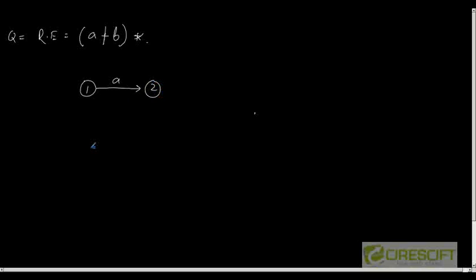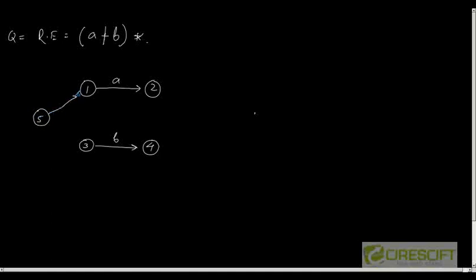Similarly for b, suppose I am in state 3, I take the input symbol b and I reach the final state of that automata, that is 4. Now how will I represent a or b? To represent that in terms of an NDFA, I have to create a new state, suppose 5.